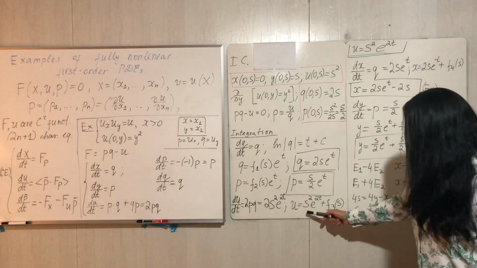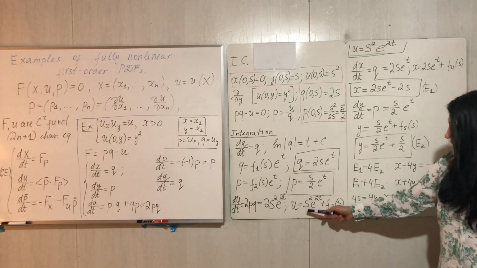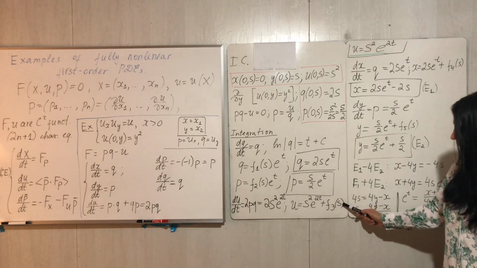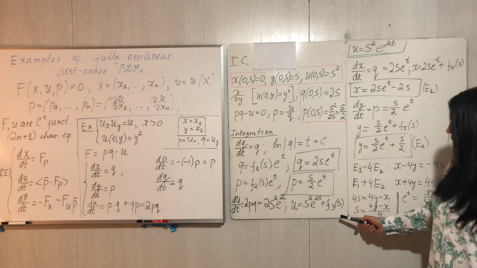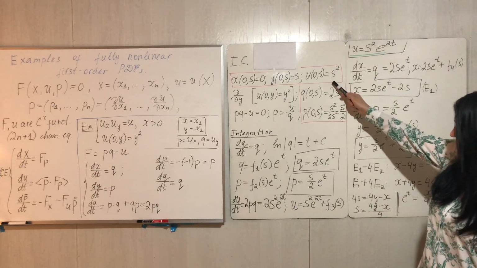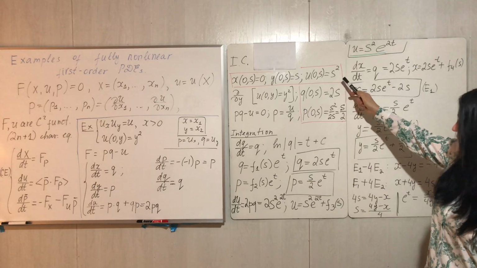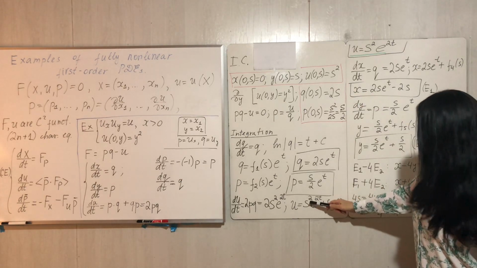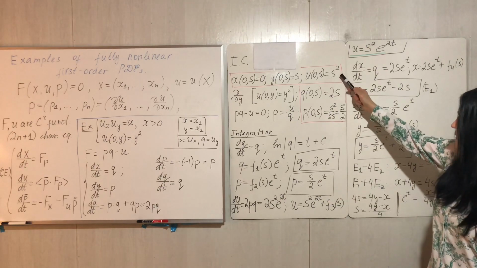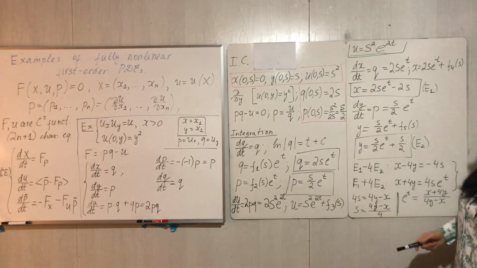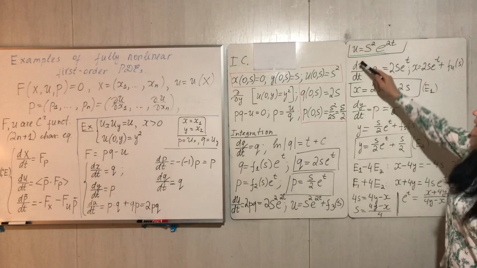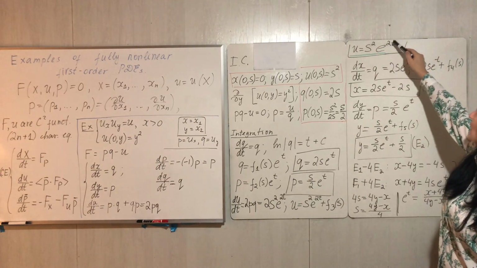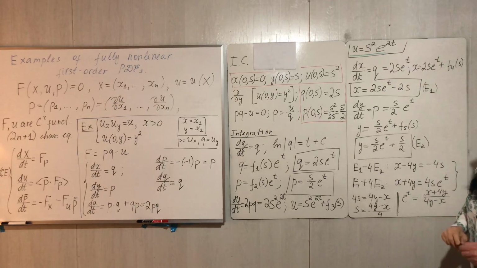So the 2 will be cancelled, and u equals s squared e to the 2t plus some function of s. And then we find this function of s using the initial conditions, right? When t equals 0, we have s squared, and we need to have s squared, so f3 is 0. And this would be our formula for u equals s squared e to the 2t.